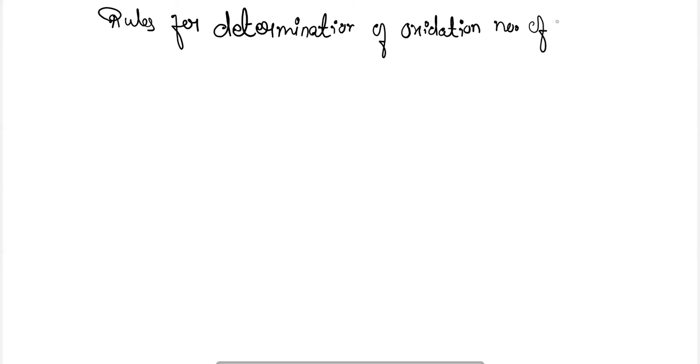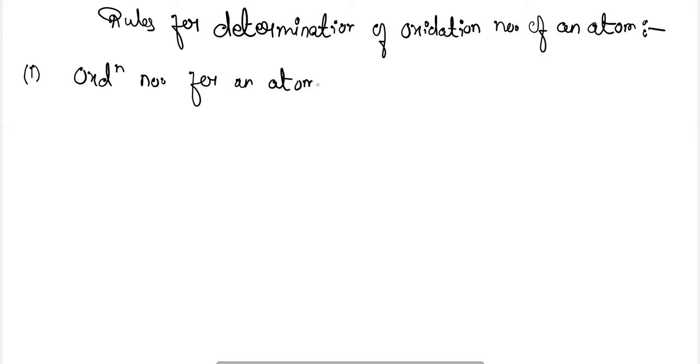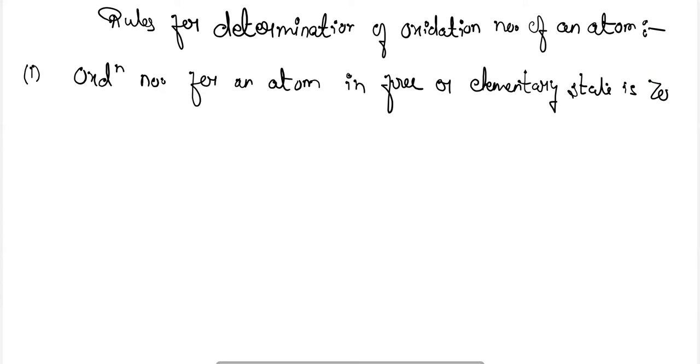Rule number one: the oxidation number for an atom in the free or elementary state is 0.